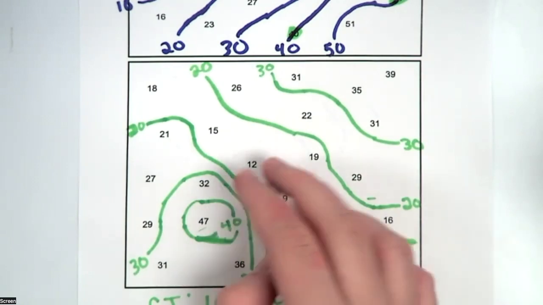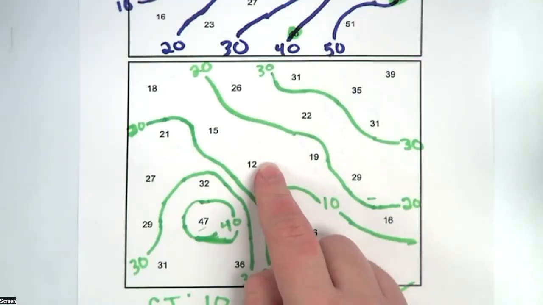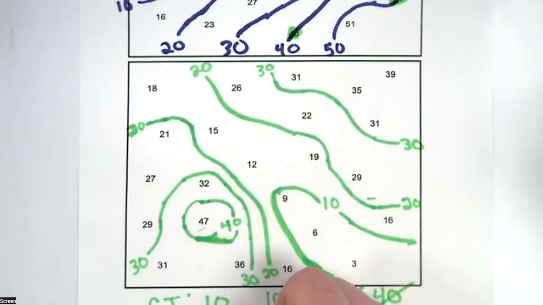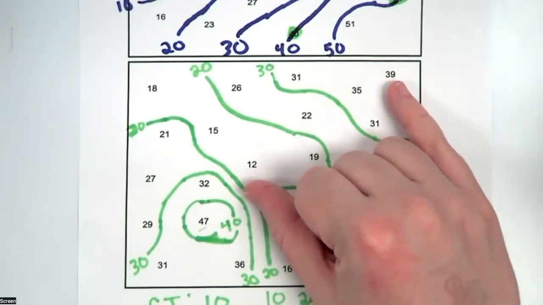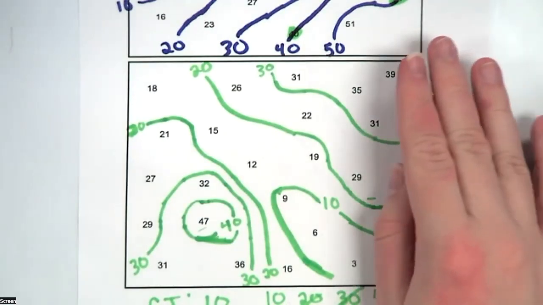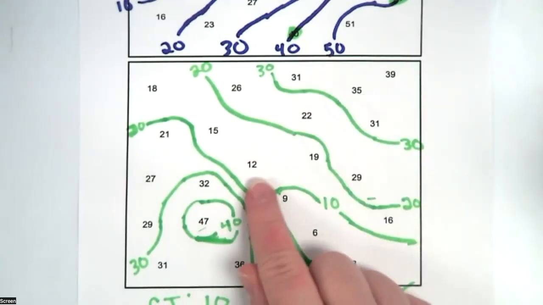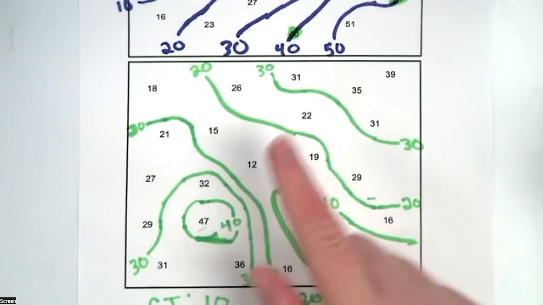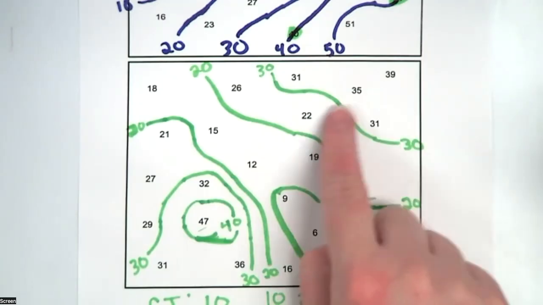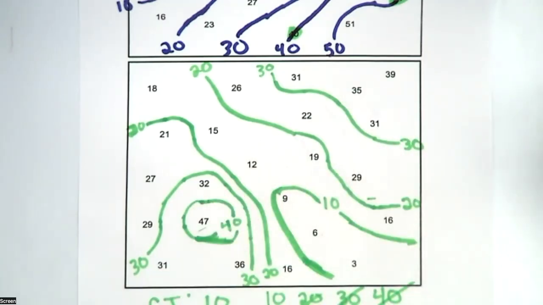If this is temperature, I have quite a big difference here. So I'd have hot temperature and cold temperatures very close to each other. If they're quite spread out instead, it's a very gradual change. So you would barely notice a change of temperature as you move across these. You definitely would over here where they're close together. It would be an easy walk along here where they're spread out. It would be very difficult where they're close together.